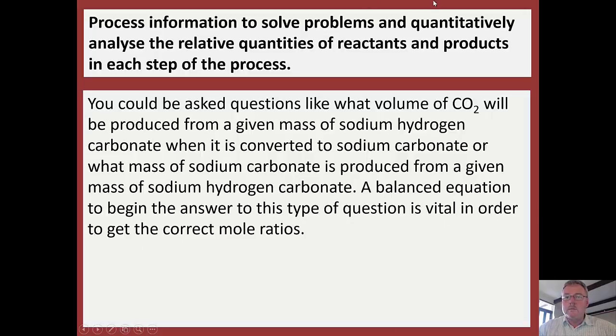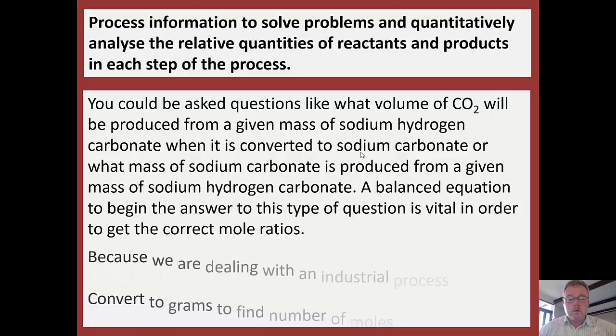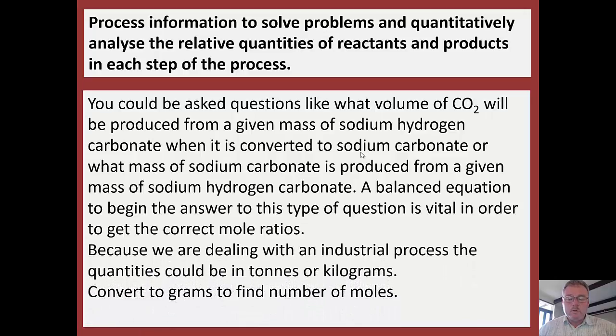You may be able to get some clues if you're not sure of your equations from the exam, but just have a think about, you're going to get CO2 produced and H2O. Because it's an industrial process, you could be given large amounts, not just a few grams or 1 gram. So you're going to have to divide by the molecular weight.